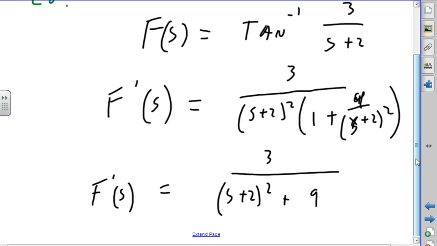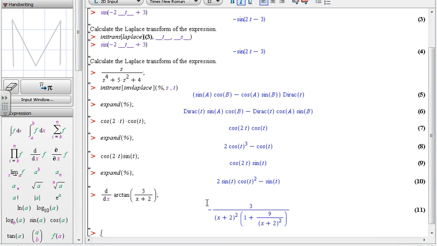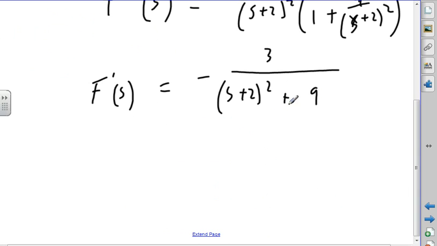Oh, there's a negative in front of that, the whole thing itself. You mean that negative there? All right, negative. Okay, so this is something simple.